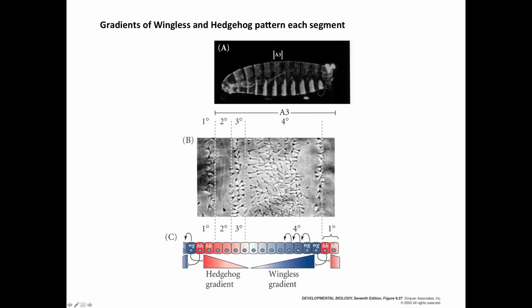Wherever they are not seeing EGFR signaling, they form a naked cuticle. So all of these cells are seeing hedgehog signaling, and as a result have EGFR signaling, and these are perhaps seeing wingless and not hedgehog signaling, which is naked cuticle.